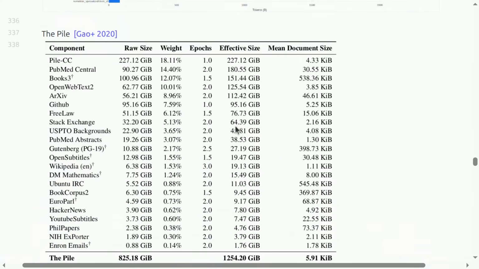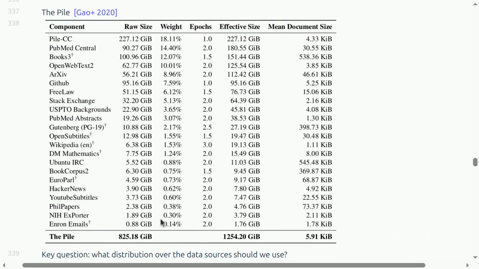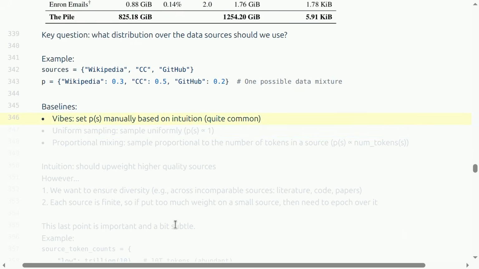So I think this is definitely fairly vibes based, and even in more recent papers, maybe you use some method and then you just tweak things. You can also do uniform sampling, which is you just put a uniform distribution over your sources, and for every chunk you get, you just sample a source.